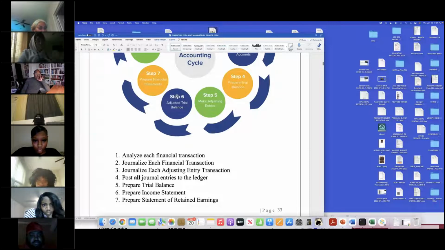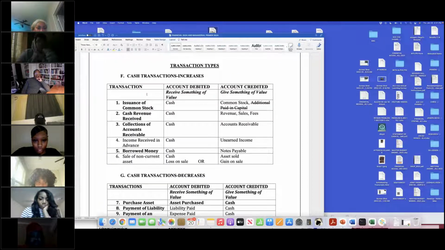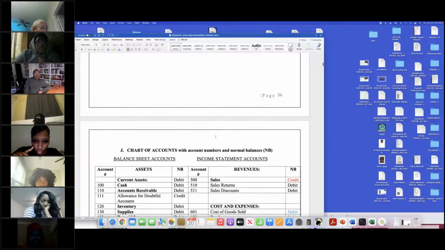Is it a 1, 2, 3, 4, 5, or 6? It'll be a 2, because cash is coming in through sales. So we're going to debit cash and credit sales. We know cash is 100. Sales is 500.